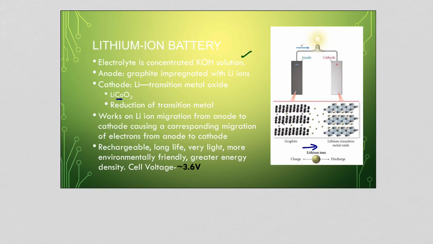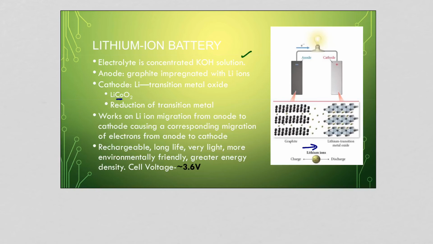And that arrival of the positive lithium ion causes the reduction of your transition metal, right? The electrons come in here, and the transition metal takes on those electrons and undergoes reduction.